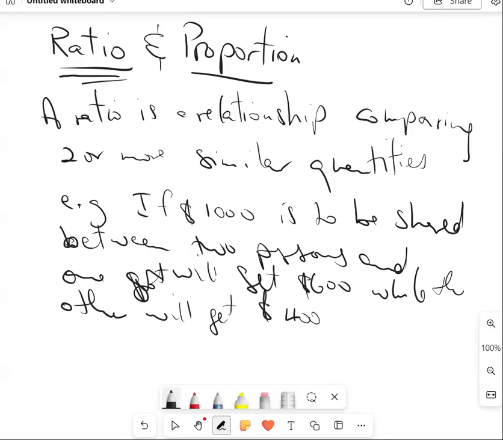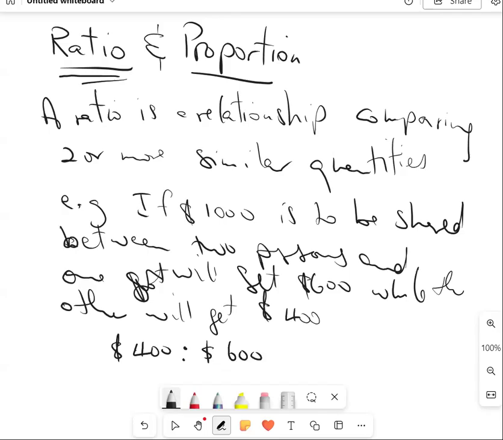So let's take this. The ratio of what one person will get in comparison to the other can be written like this. 400, put two dots here, and then we put 600 here, right?